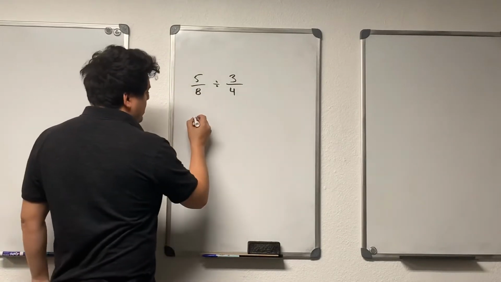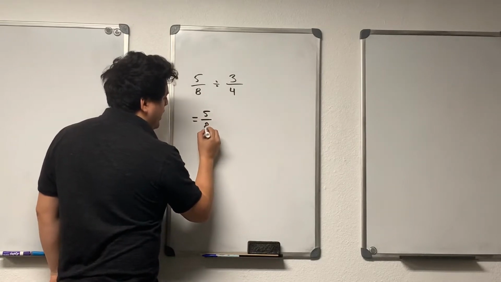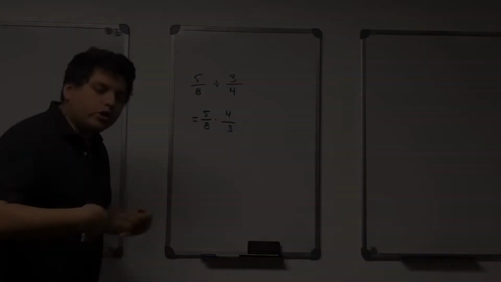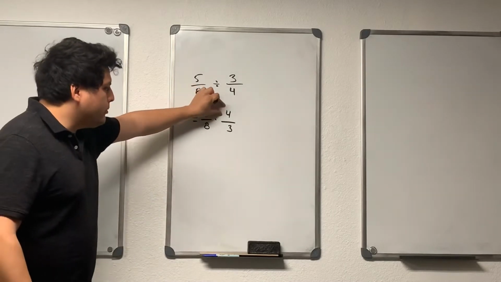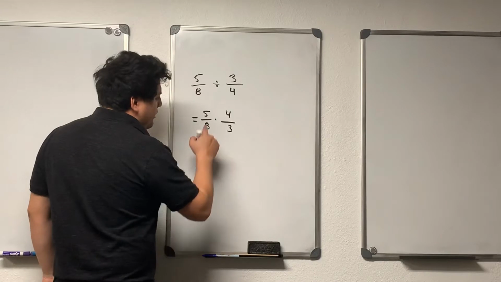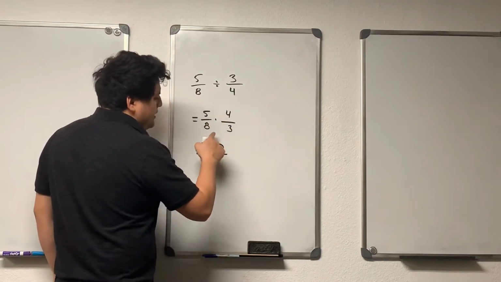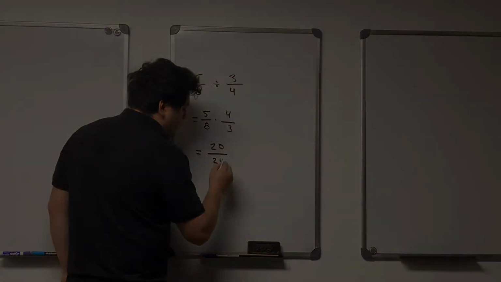So the first thing we're going to do is change this expression into 5 over 8 times 4 over 3. If we're doing multiplications, we just multiply across. Numerator times numerator and denominator times denominator. And we're going to end up with 5 times 4 is 20, divided by 8 times 3, which is 24.